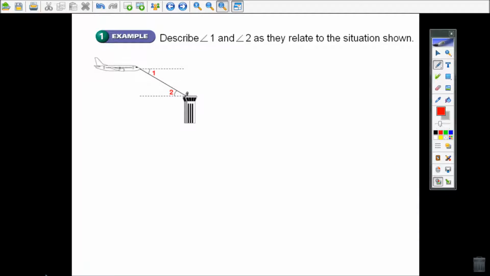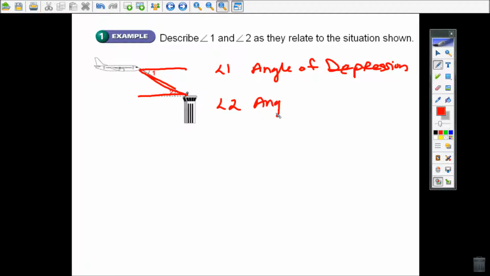So for the example, angle 1 and angle 2. Angle 1, you have a horizontal line but then it's going down, so angle 1 is the angle of depression. And then angle 2, you have your horizontal line and it's going upward, so angle 2 is angle of elevation.